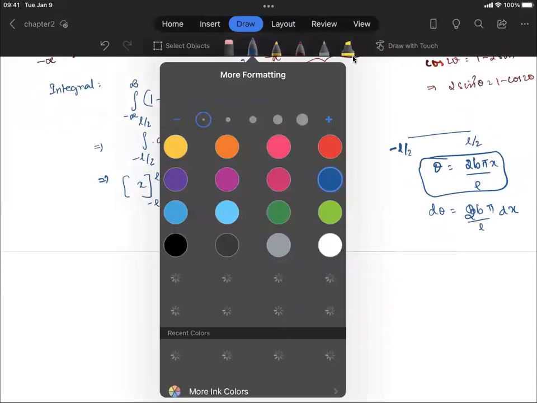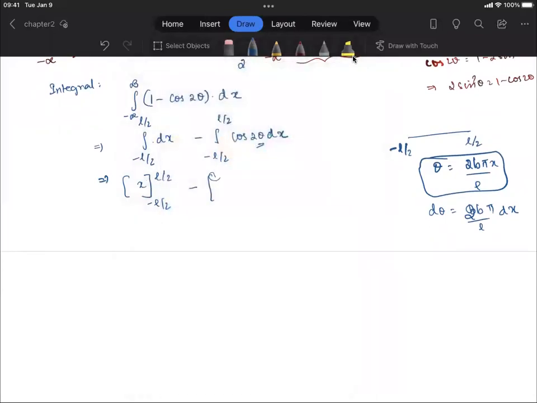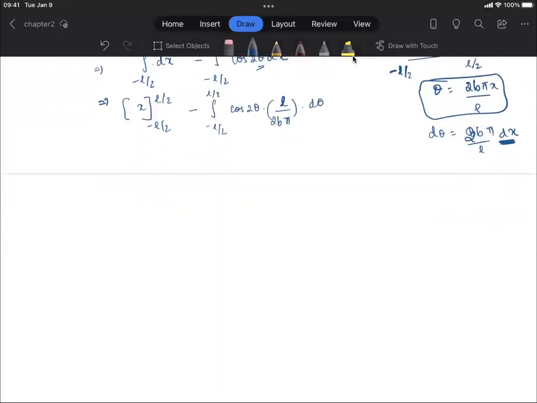And I am actually going to change this a little bit. So it's going to be cos 2 theta times dx is L over 2b pi times d theta. I'm just doing the change of variables. That'll give me L over 2. What's this?